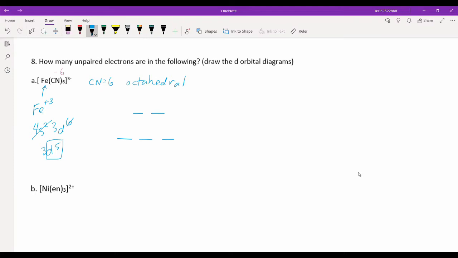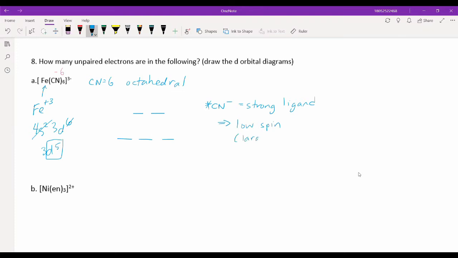But for now, with the ligand being cyanide, if we look at the spectrochemical series, cyanide is the strongest ligand. So that's going to mean that this splitting is large, or what that means is that we have what's called a low spin.